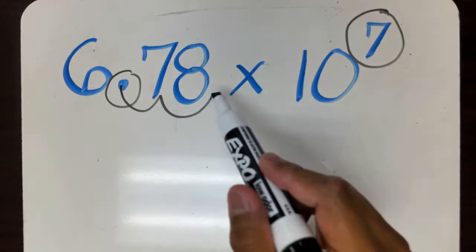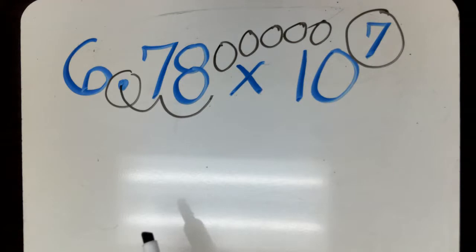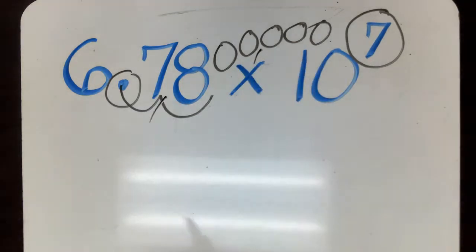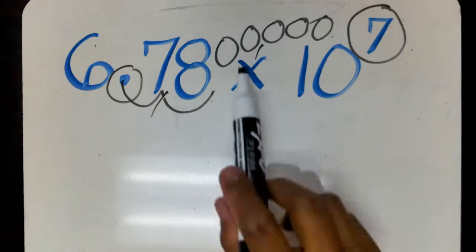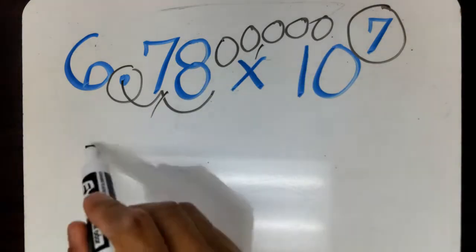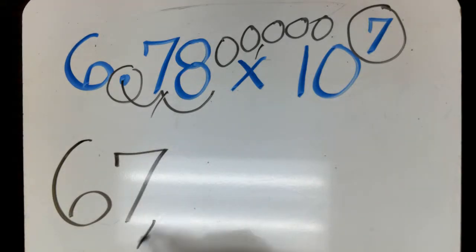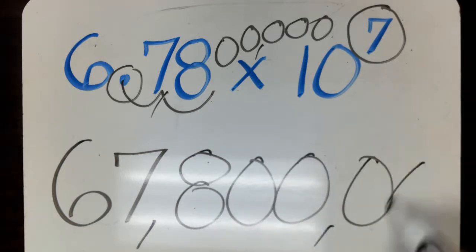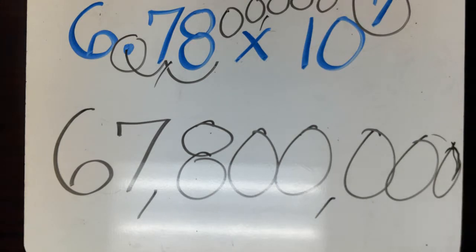So you put 5 more zeros there, and then regroup by 3 so that you can write your final answer accurately. That means 5 zeros with 6, 7, 8. The final answer is 67,800,000. It's important that you put a comma to emphasize your grouping.